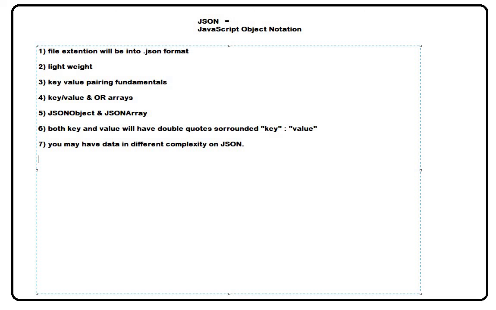Within that JSON object you may have another array. So there are no limitations. We're going to go with some examples of what this complexity means.